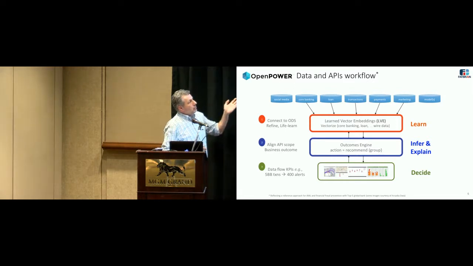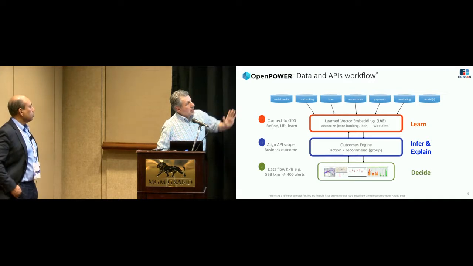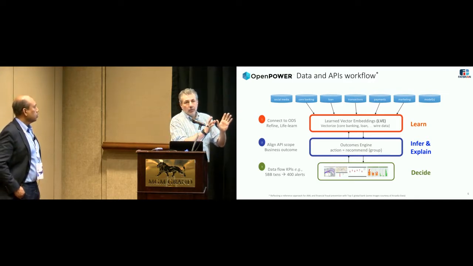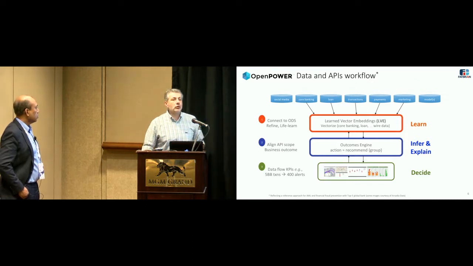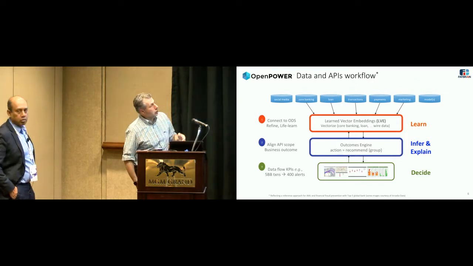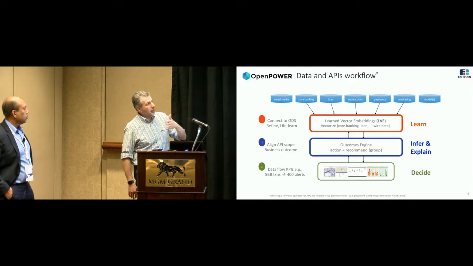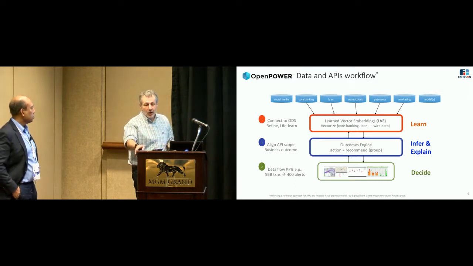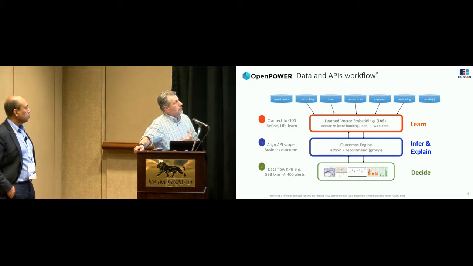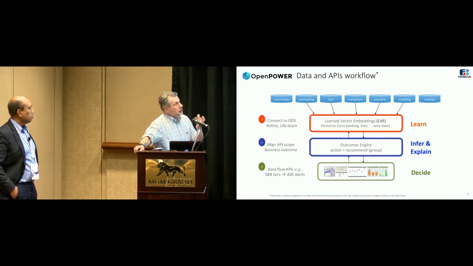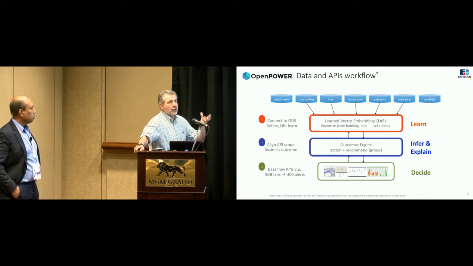So this example just shows off a situation where we're doing something for anti-money laundering, but the setup is very, very simple. Connect to all the data sources that are available, and that's kind of the first step. What we do when we connect to them is we learn through this idea we call LVE, or you'll hear me say "alive." The LVE is this learned vector embeddings that understand and almost index the data.